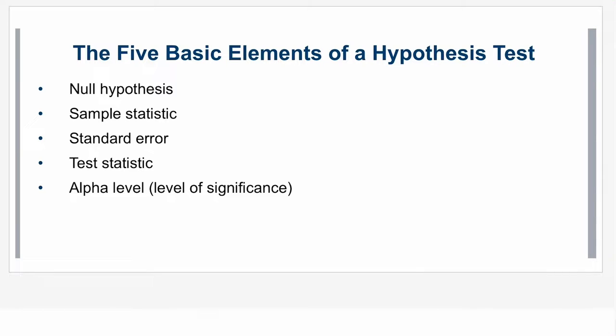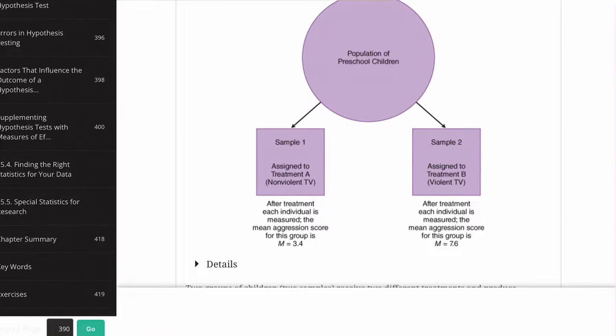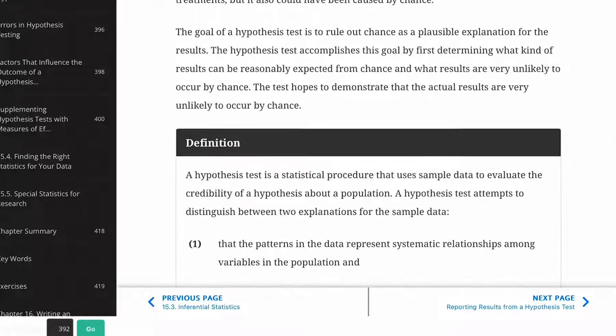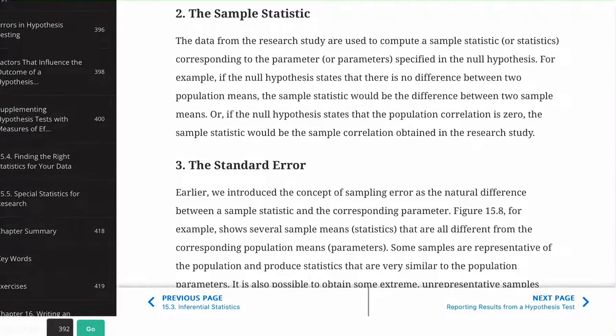A sample statistic is, let's go to this second point down here. This is whatever you're using. If you're looking at correlations, then your null hypothesis would be predicting that the correlation would be 0 in the study, and your sample statistic would be the correlation that you are obtaining in the study, what you're calculating.